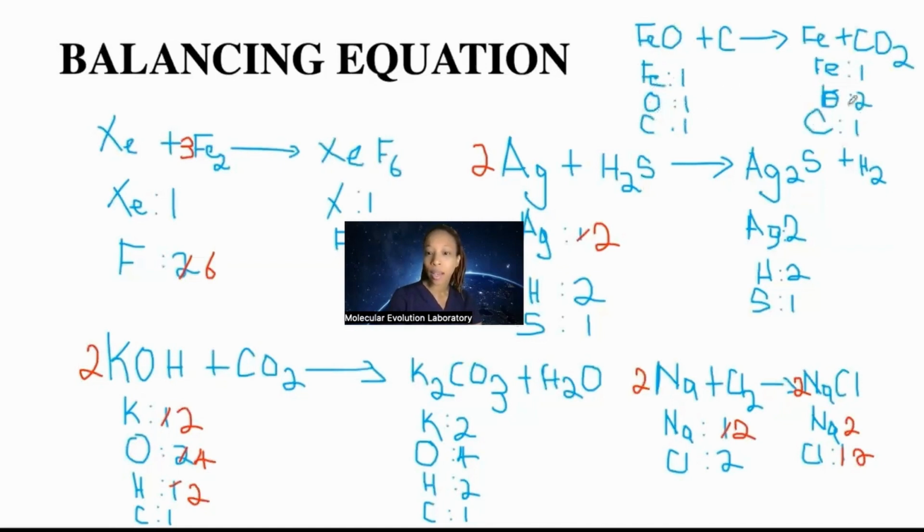So we have 2 oxygens. If we insert 2 on this side, we end up with 2 oxygen on the side of the reactant and 2 iron. And this is basically how we balance this equation.